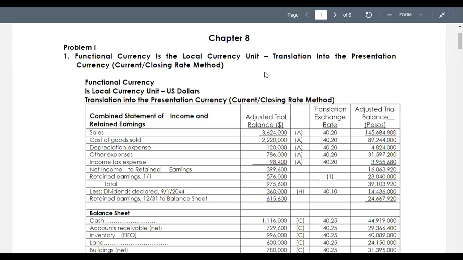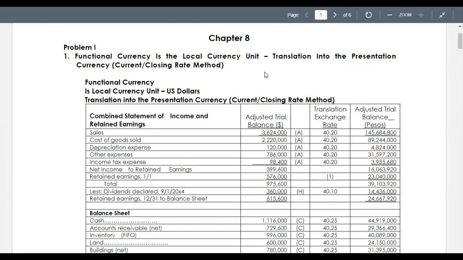And we are using the temporal or the remeasurement method. The temporal method or the remeasurement method is used to remeasure the accounts of a foreign entity when its books are maintained in a currency other than the functional currency.